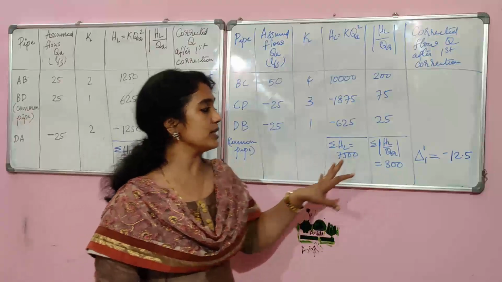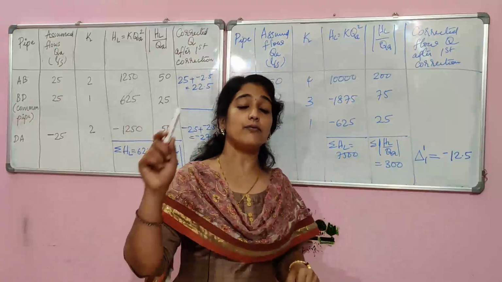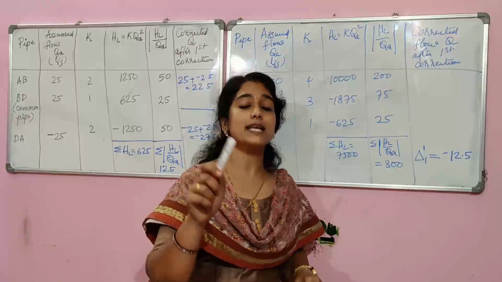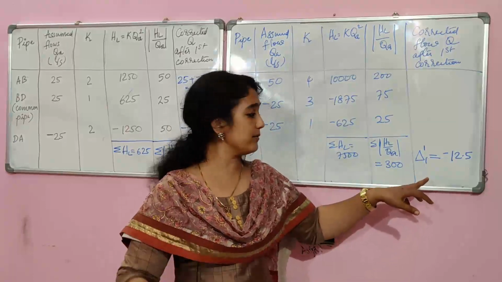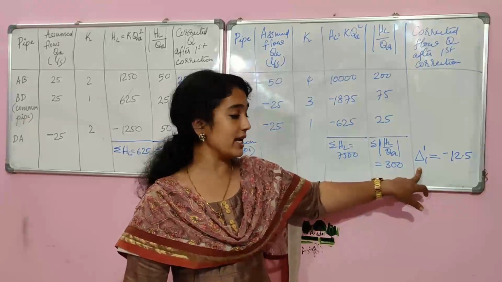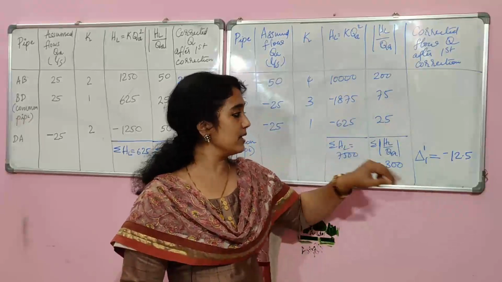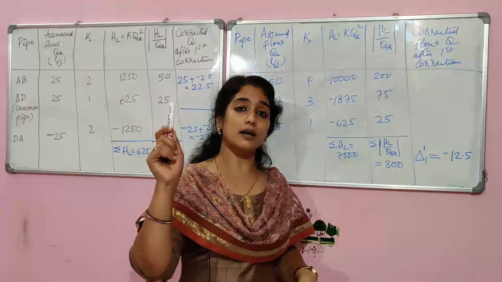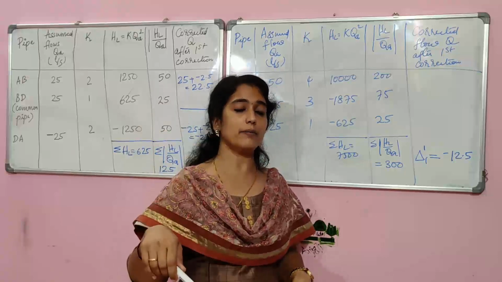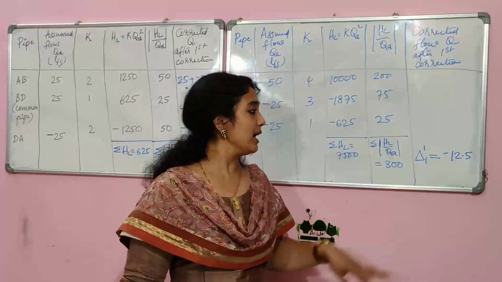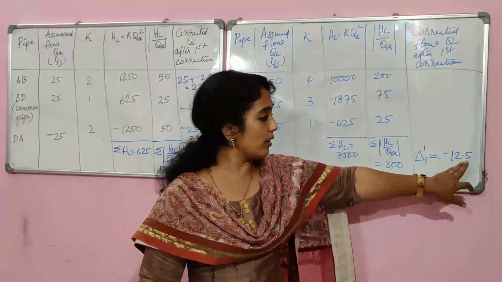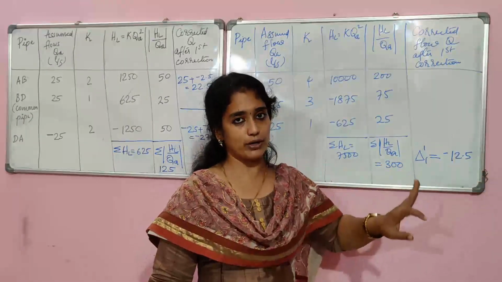Putting these values in the equation for the first correction of the second loop. We are denoting this correction as delta 1 dash. That is minus sigma HL divided by x into sigma mod of HL by QA, and we get a value of minus 12.5.